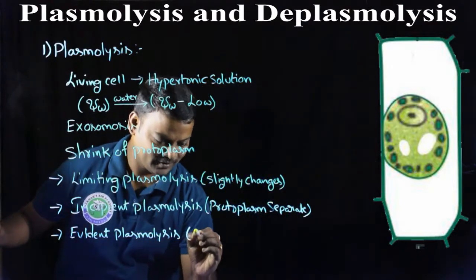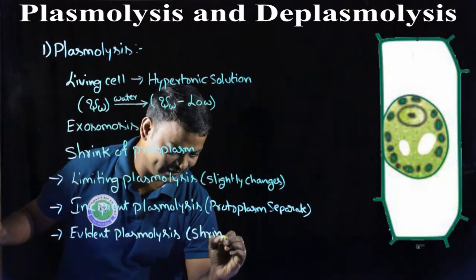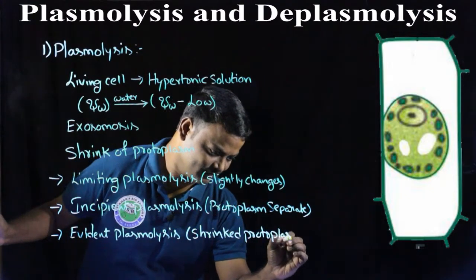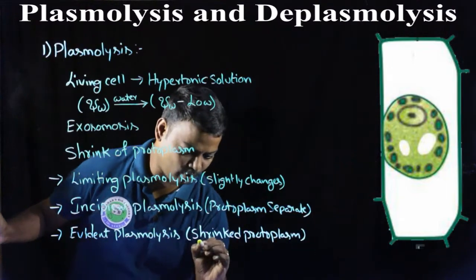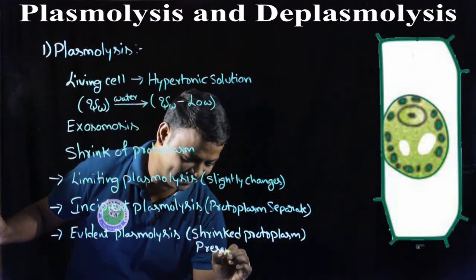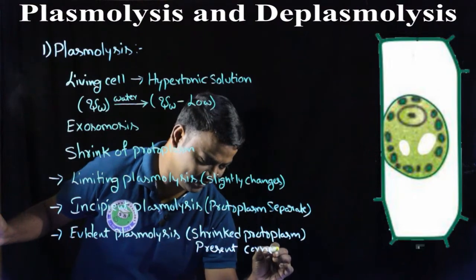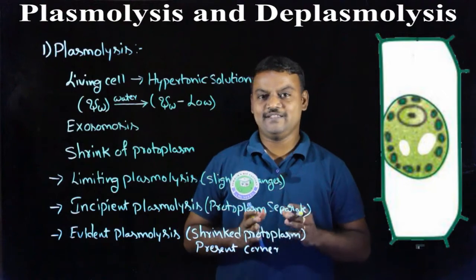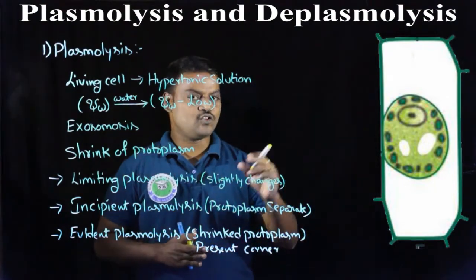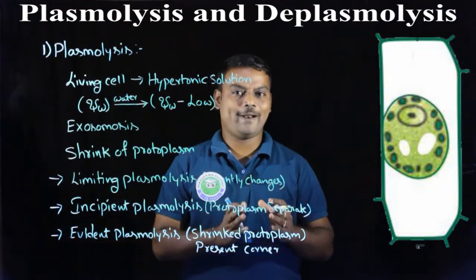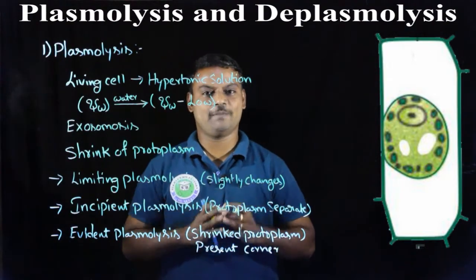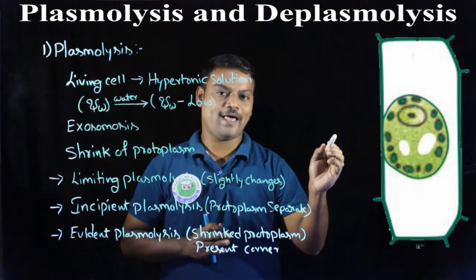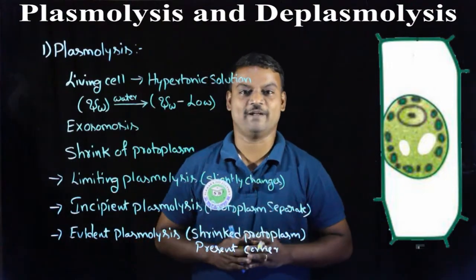In evident plasmolysis, in the structure of the living cell, the entire protoplasm, in the form of a spherical shaped structure, is present at one corner, but between this protoplasm and the cell wall, empty space is present.